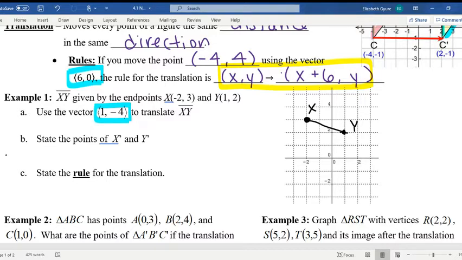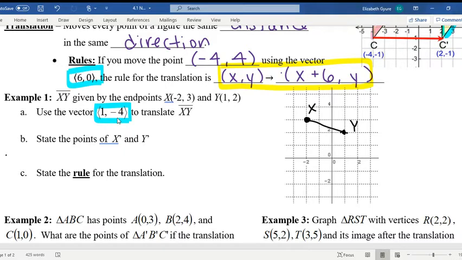Does anyone think they know what the vector <1, -4> means as far as where to move it? Any ideas? Kaden? Opposite. This is horizontal and then this is vertical. So if it's horizontal 1, that would be right 1, and then vertical -4 means down 4.